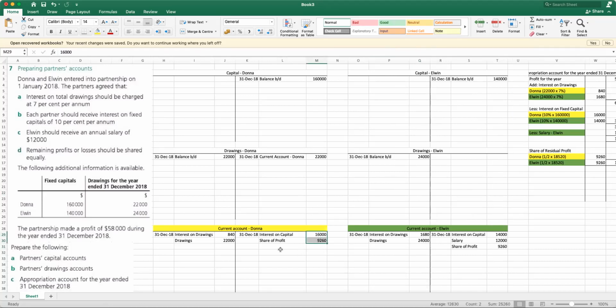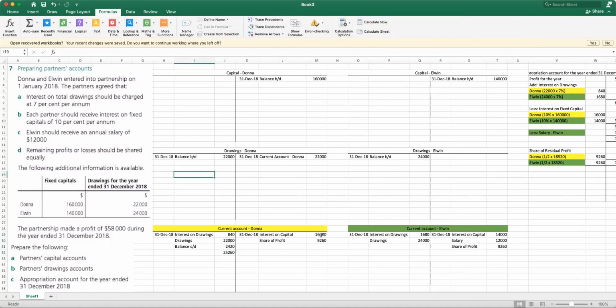So let's just find the balance carried down. This is the balance carried down. And we're just going to sum it up first, and draw lines.